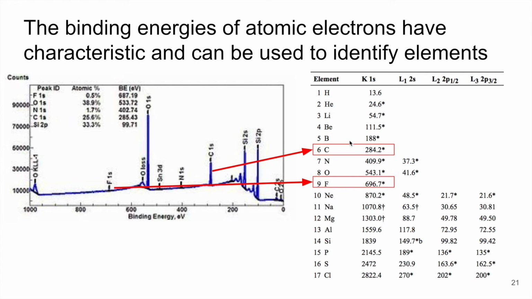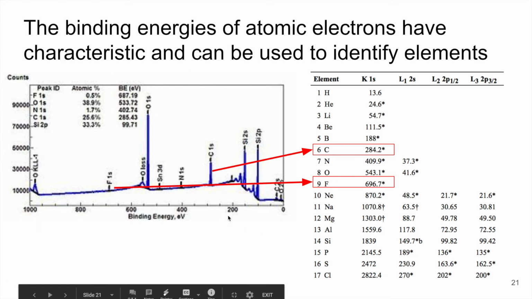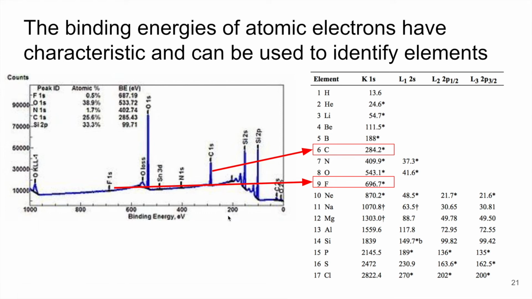And vice versa, with a lot of these others we can do the same. The one down here is tied to fluorine 1s because it has something close to 7,000. And we can identify all these peaks based on the characteristic energies of those photoelectrons.